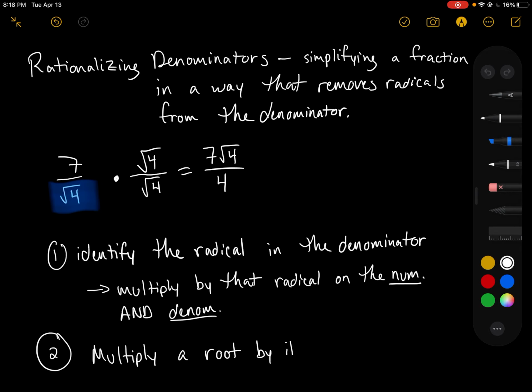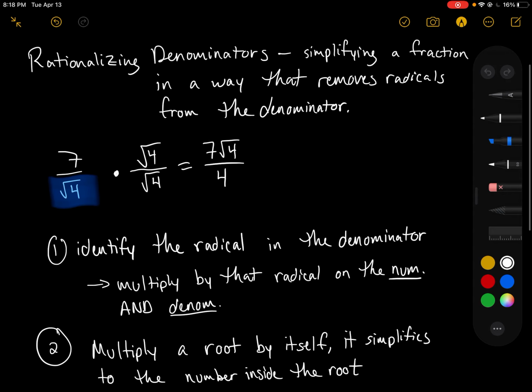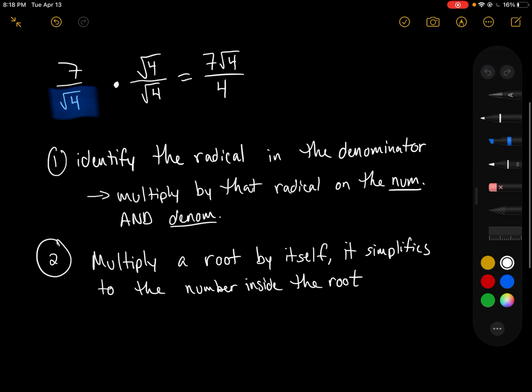A second thing to note, radical rules, sorry. If you multiply a root by itself, it simplifies to the radicand, or the number inside the root. So this only works for square roots.